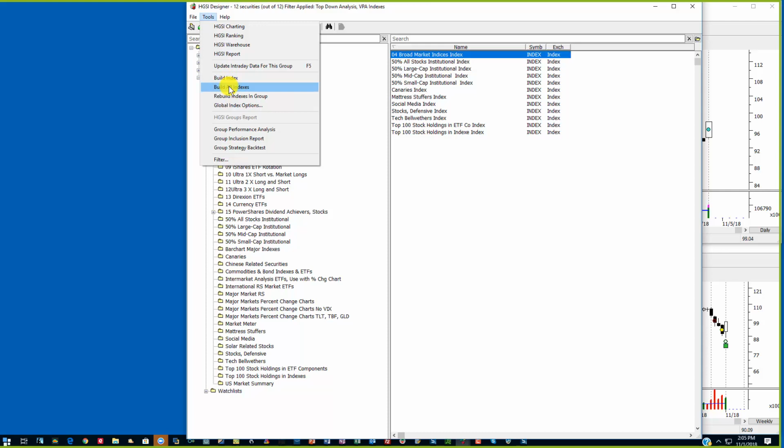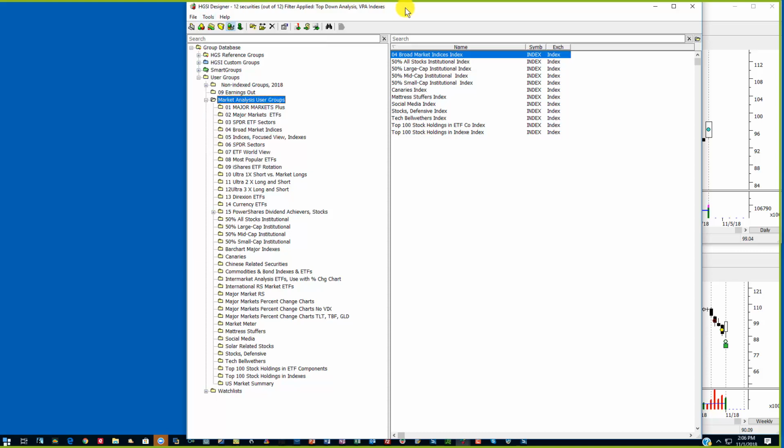And I'm going to tell this to build all the indexes. And what it's going to do, it's going to go through and build all of the reference groups and smart groups and everything else. It isn't like an end of day update on the smart groups.